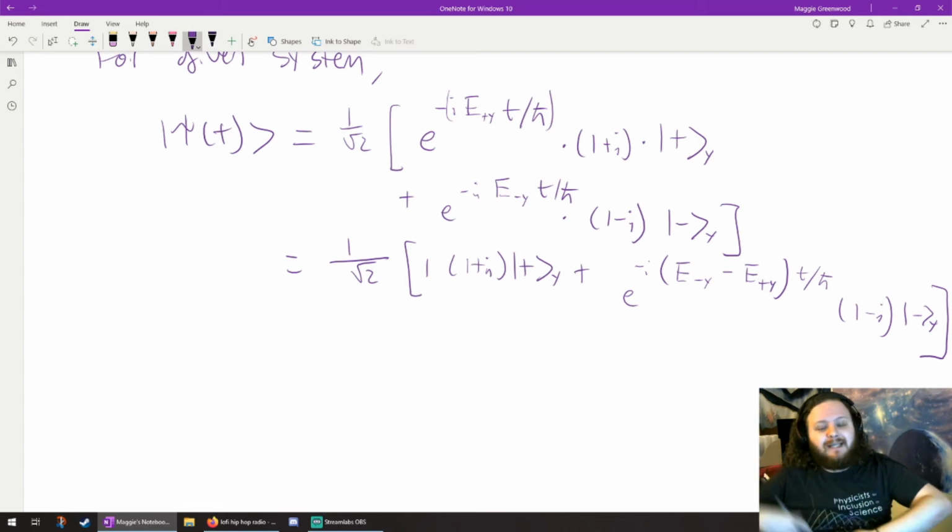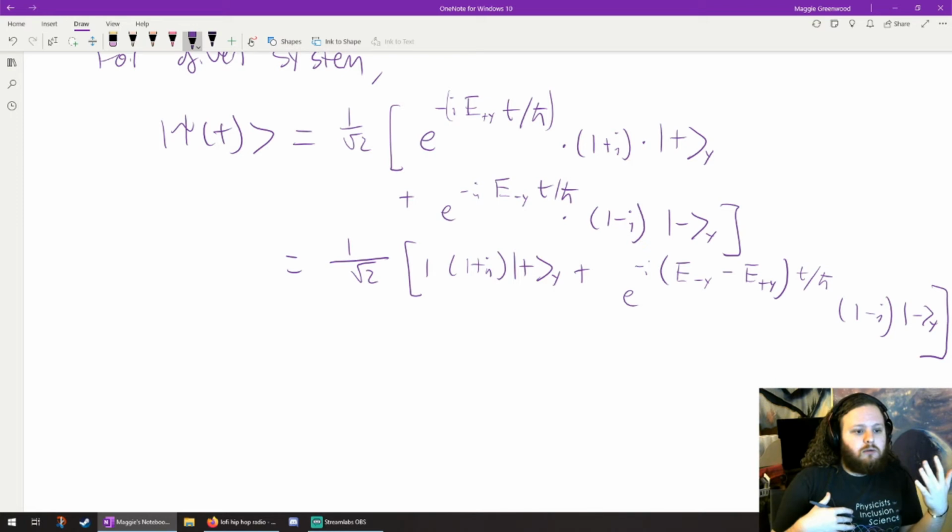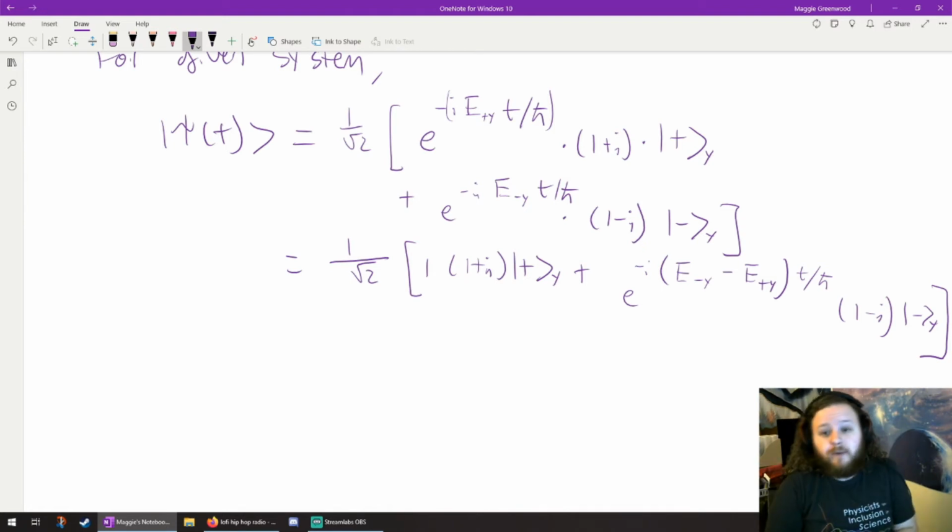And I have tossed out the front coefficient to use the freedom of what's called the phase freedom to set the first component to always be real and get rid of its quantum phase, and then just figure out what the second component is. You'll notice that when you did the nasty version of this problem, you got things that look like cosines and sines of frequencies that had energy differences in them.